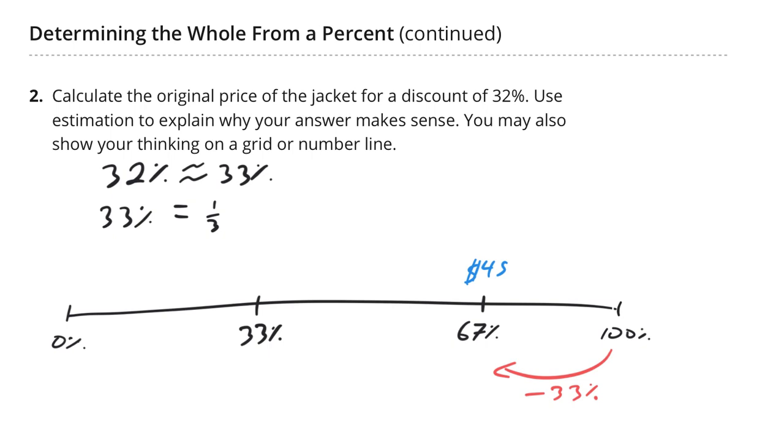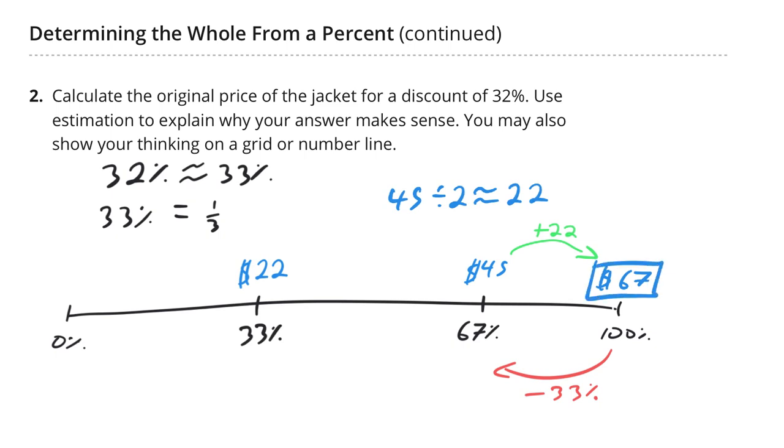Well, 45 divided by 2 is going to be approximately $22, right? So 1/3 is about $22. And if I just add $22 to that, then I'll get $67. And that's going to be my final estimate.